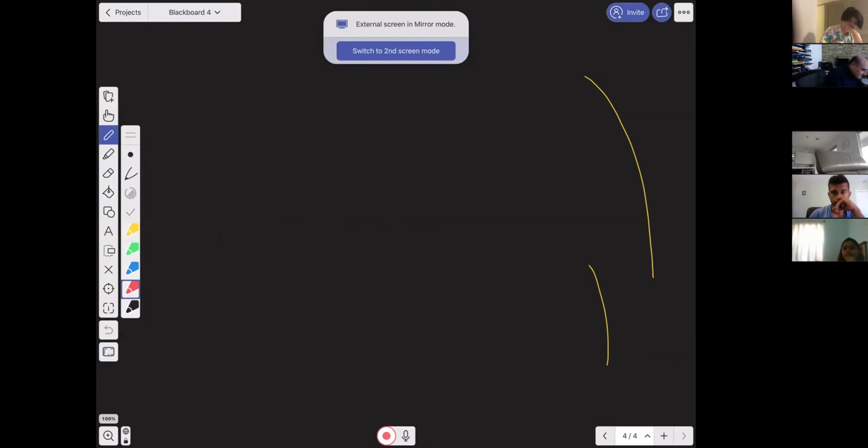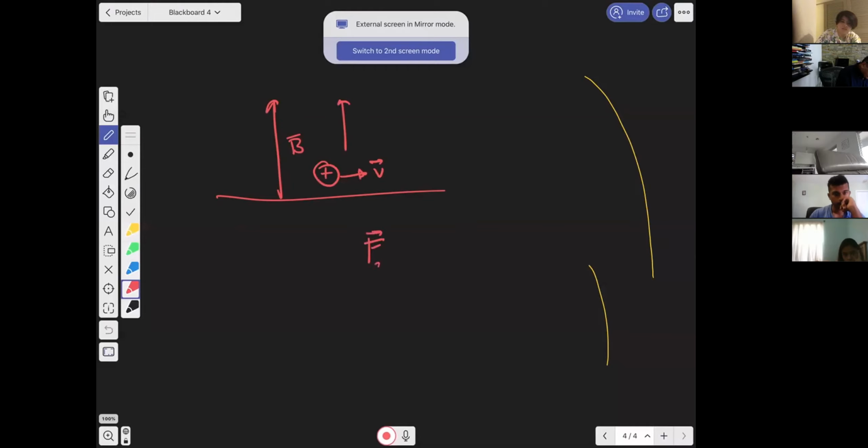For example, if you have a magnetic field B and you have an electron moving in the magnetic field like this, or a proton moving with this velocity V, the force that is acting on the charge Q is something like this.